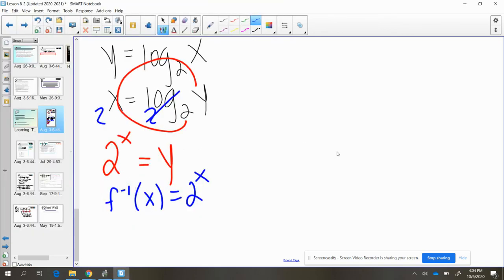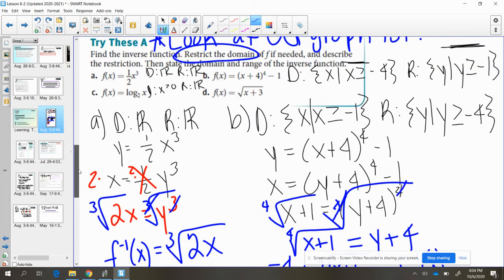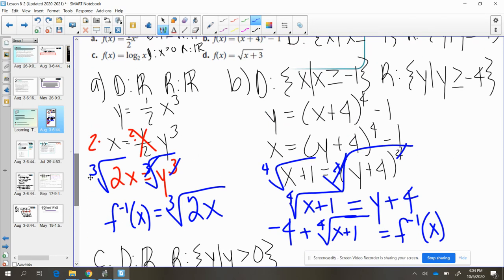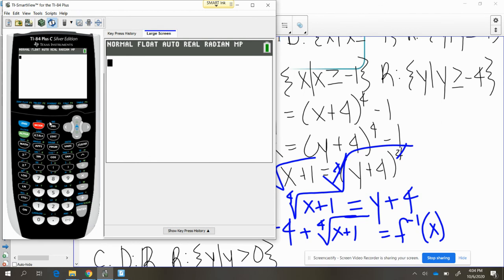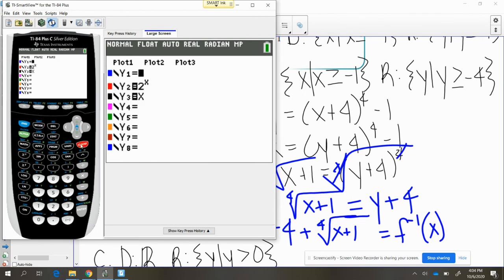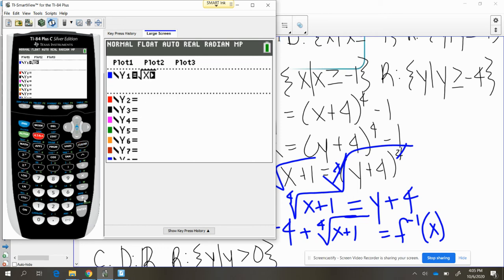All right, last example here, one final example. We have example D here, and this particular one then, just to talk about domain and range one more time, we have the square root of x plus 3.